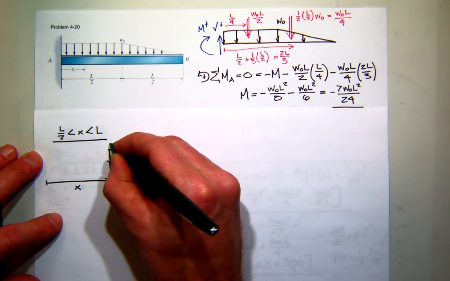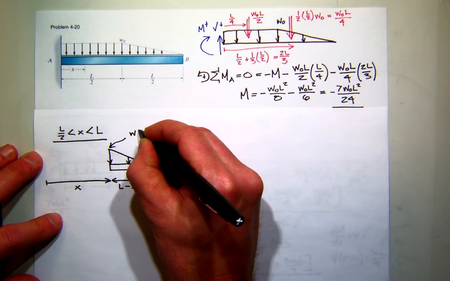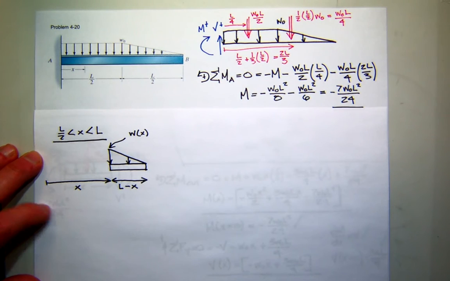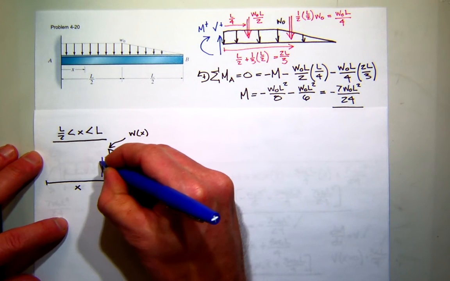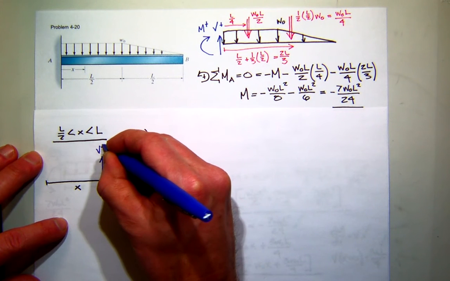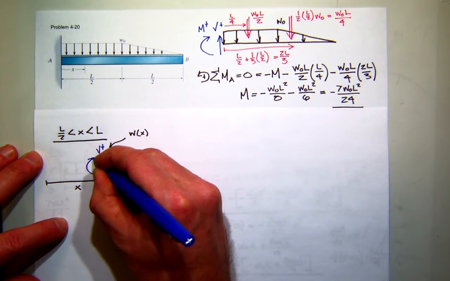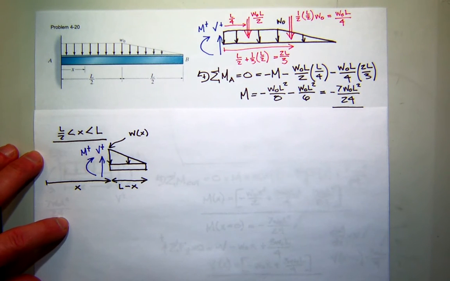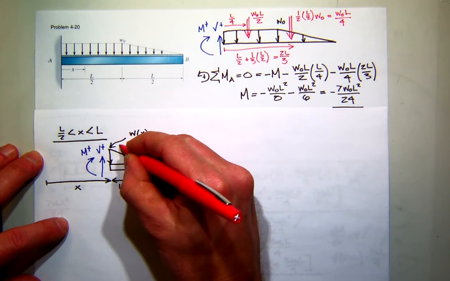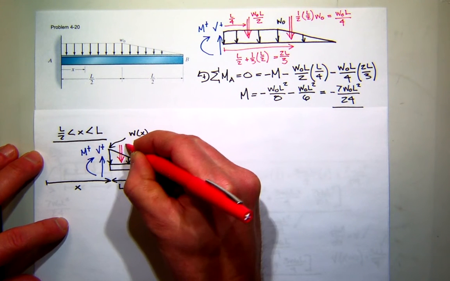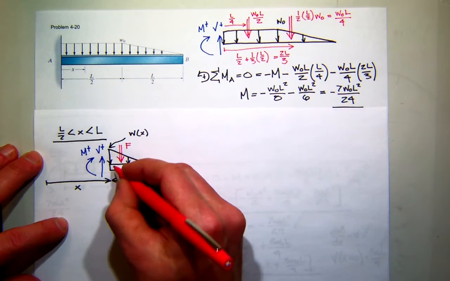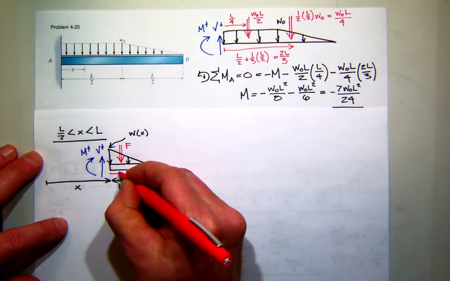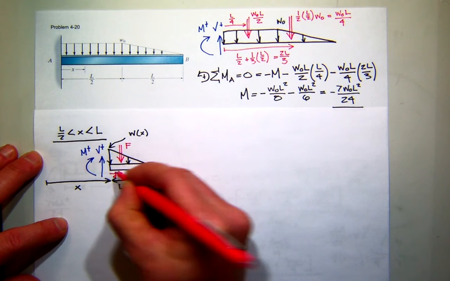We're going to have to do some work here to find what that is. We do know that we have, at the cut, positive shear, positive bending moment. And of course, with the triangle, we'll figure out what that force is. And of course, what the distance is.